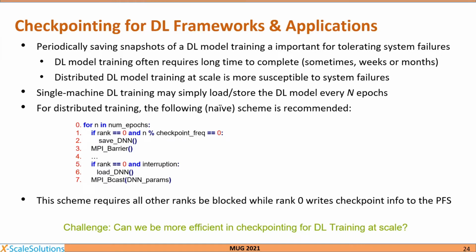The other reason is, especially these days, you make it distributed so that you can speed it up. Then you introduce more components, and it's susceptible to system failures because you have a larger scale, with more components in this entire system. So at a high level, if you want training to continue to be productive, you can reuse some of the partial work from earlier.